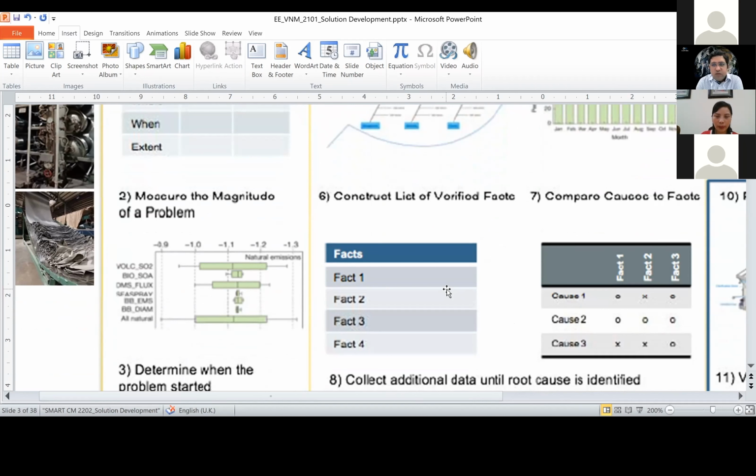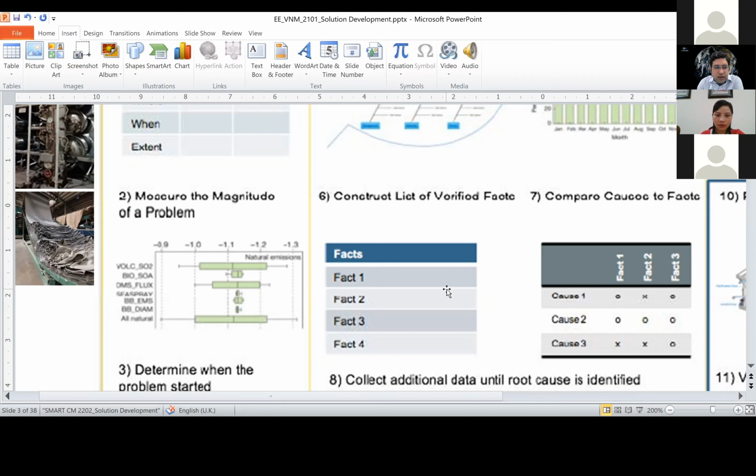When was the last maintenance done? Okay, so we collect all this data. What did they analyze? Did the maintenance team analyze any issues with the pipes? Did they do any analysis of the pipes, any infrared or X-ray analysis, for example, to see if there are any issues, any rusting going on? So all these facts we have to collect, and based on these facts, we write out some of the probable causes.